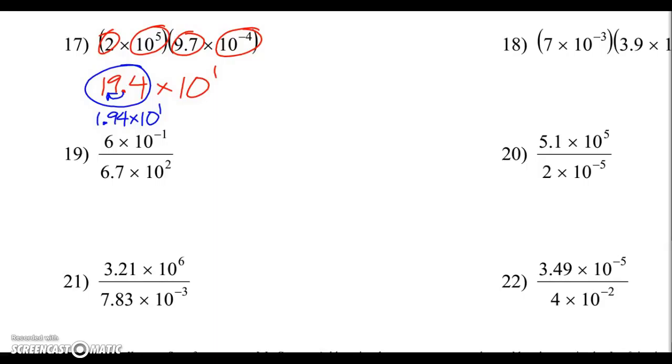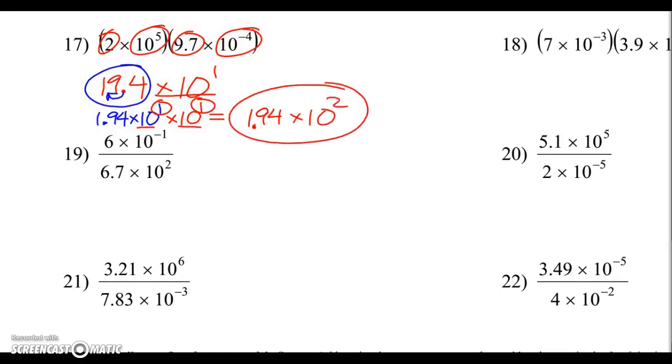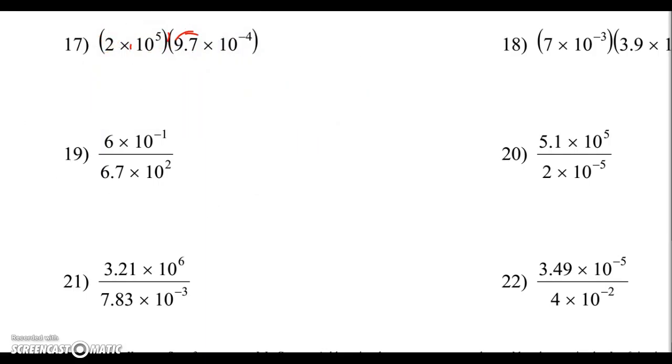Well, don't forget then that we also have this here times 10 to the 1st power. So really we've got 1.94, 10 and 10, same base. I can add these together. 10 to the 2nd. We talked yesterday about some other options for that too, but that seems to be a real nice one. Gets to the answer every time.